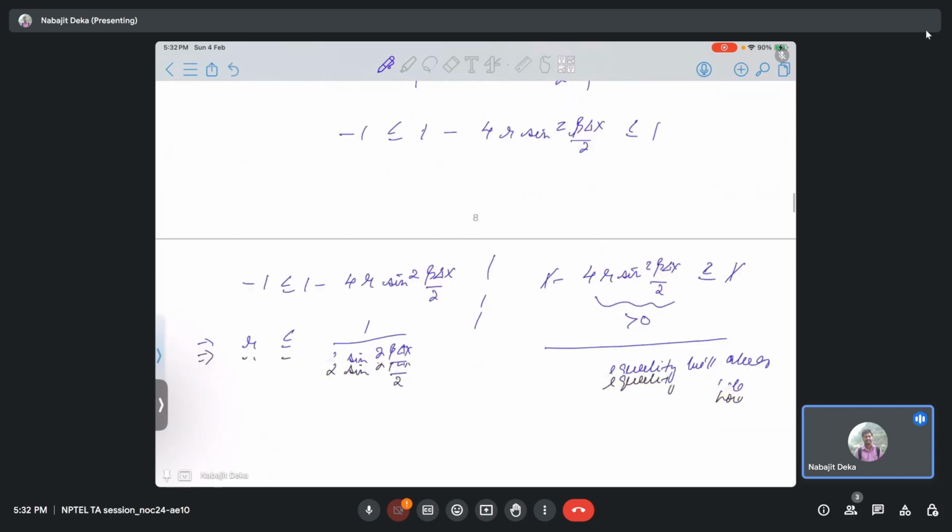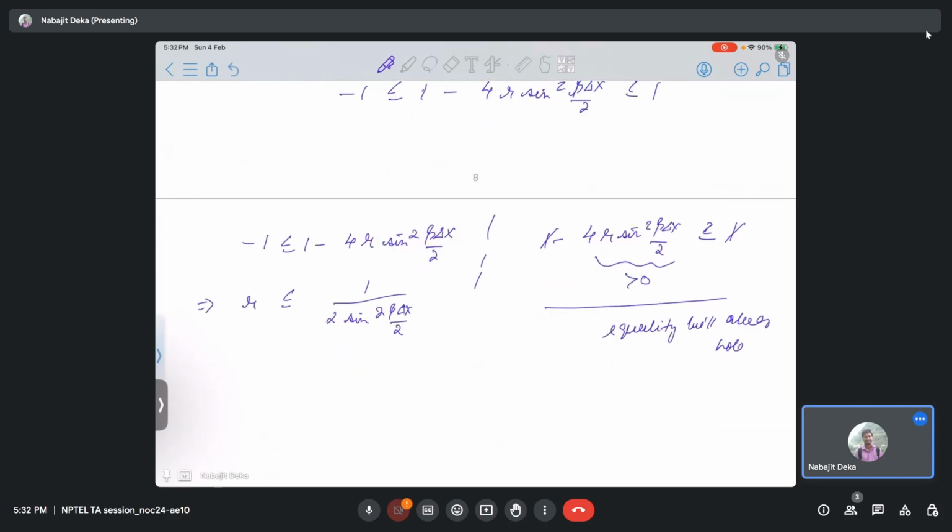Now, what will be the minimum value of this? We know sine x is less than or equal to 1. So this minimum value will be when the sine square term is the maximum, so it will be 1 by 2 into 1.